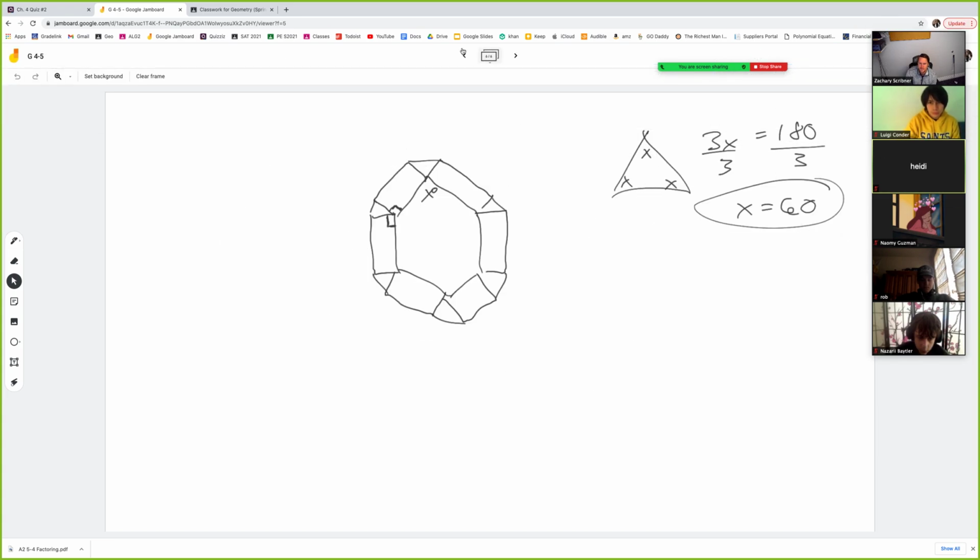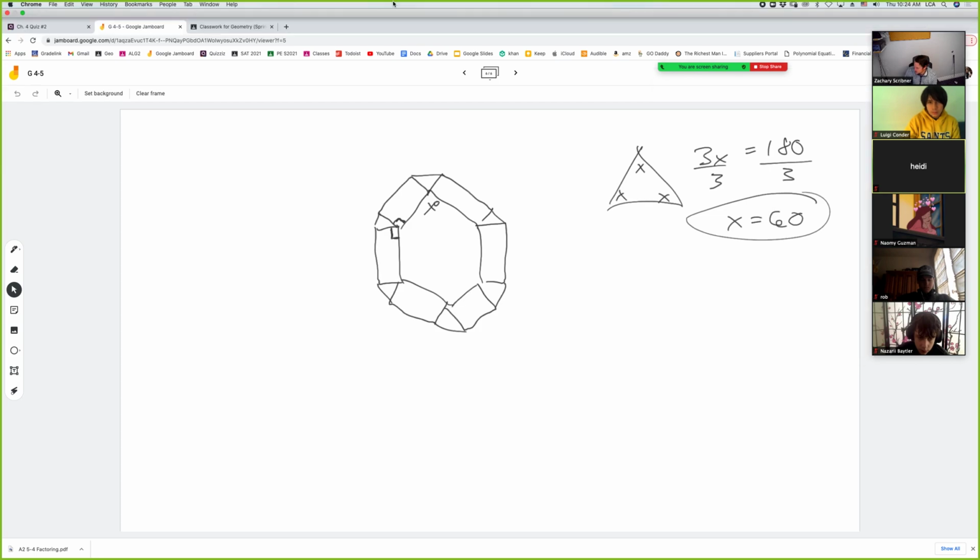So we have x equals 60 for this equilateral triangle. Of course, that's not this x in here. Okay, so that's saying that this is 60 degrees. This is 90 degrees. That's 90 degrees. Okay? And all the way around would be 360 degrees.